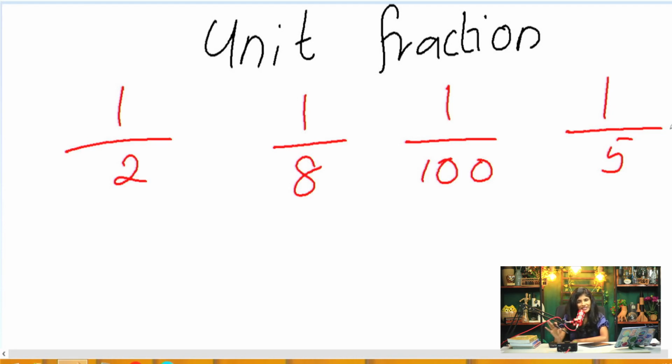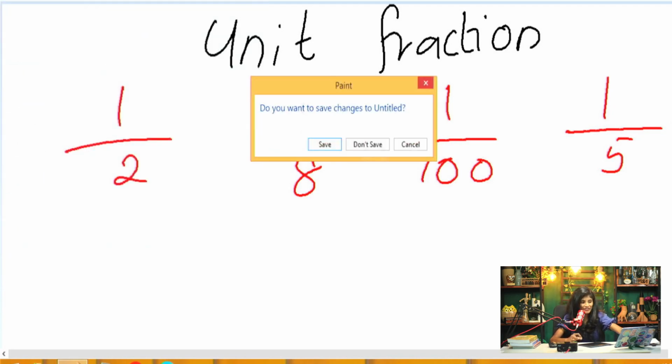Clear? In unit fractions, the numerator is always 1 and the denominator can be any number except 0 or 1. Because 1 over 0 is not defined in mathematics, and 1 over 1 is not a fraction, that is just 1. So you can use any number other than 0 and 1 in the denominator, and the number 1 in the numerator. That is called unit fractions.